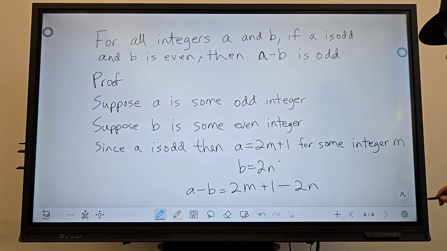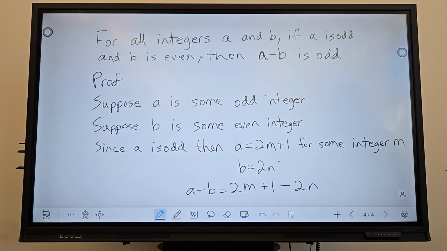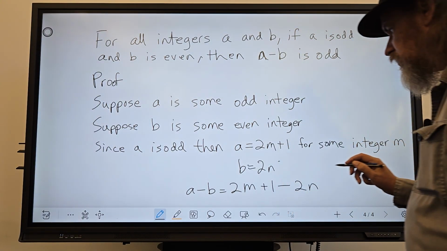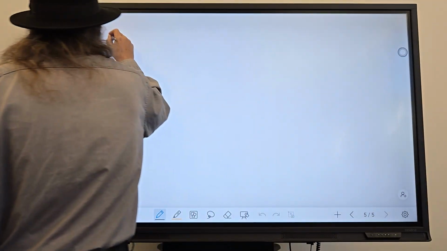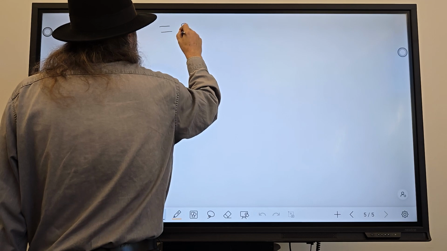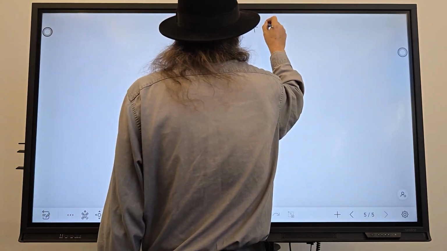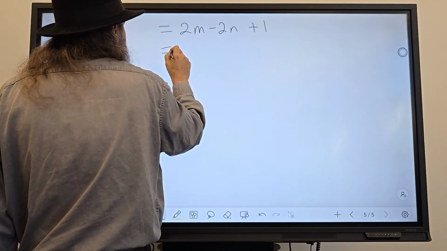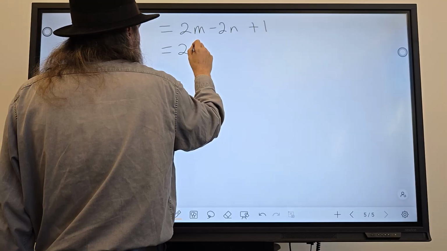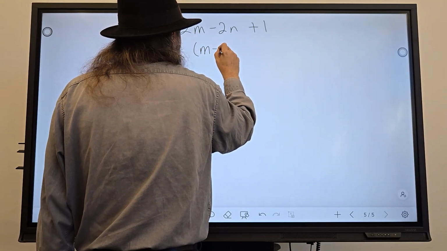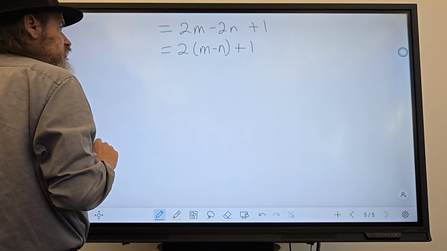So by commutative property, that would equal 2m minus 2n plus 1, which then would be 2 times m minus n, plus 1, by the distributive law.